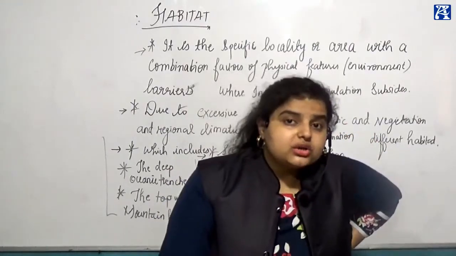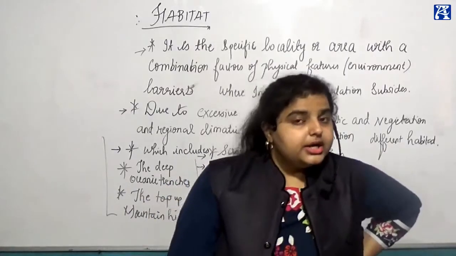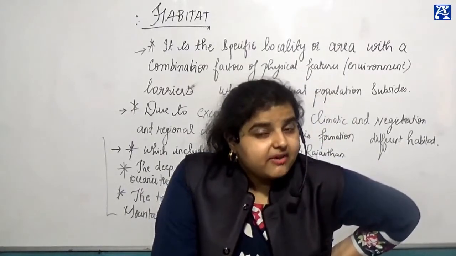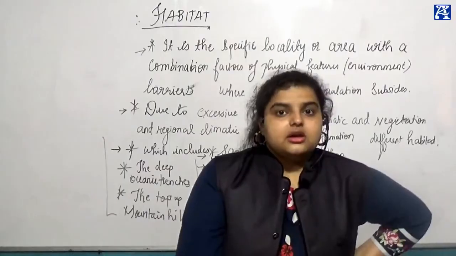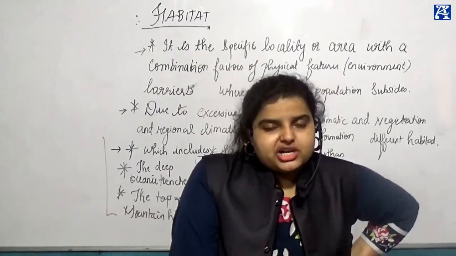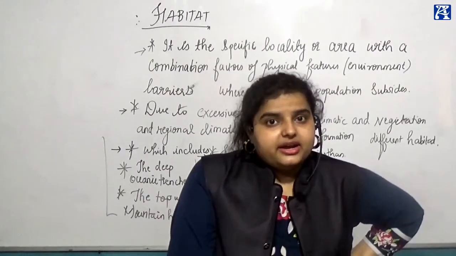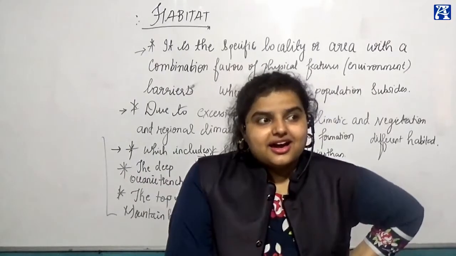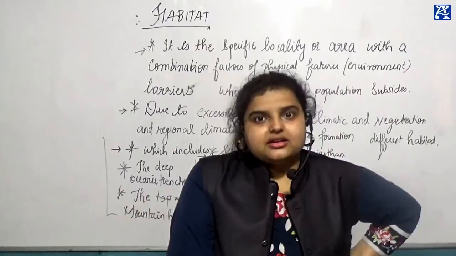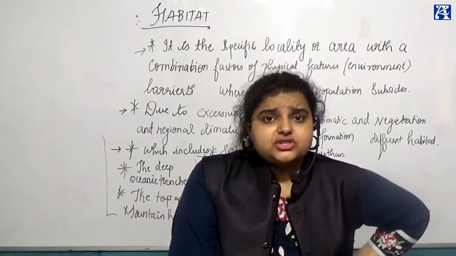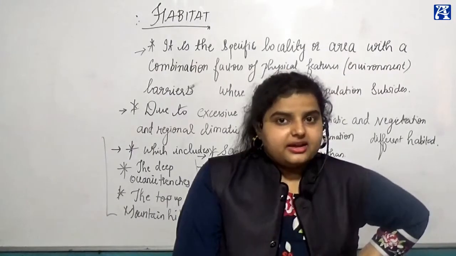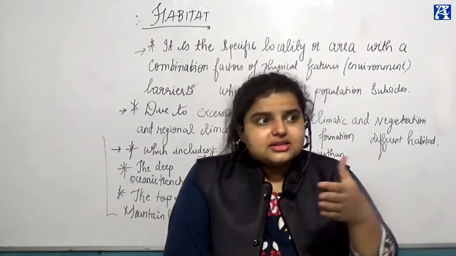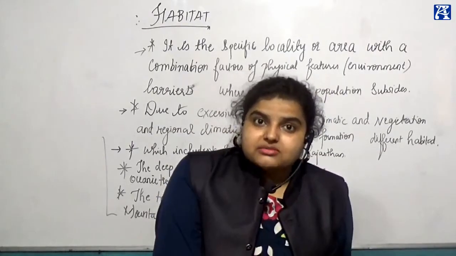But due to climatic change or excessive change in the environment, regional changes, I'll give you an example. Somewhere there is rain and somewhere there is excessive winter. Somewhere there is summer. Why is it so? There comes a question, right?